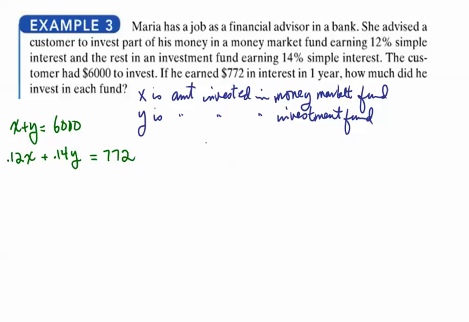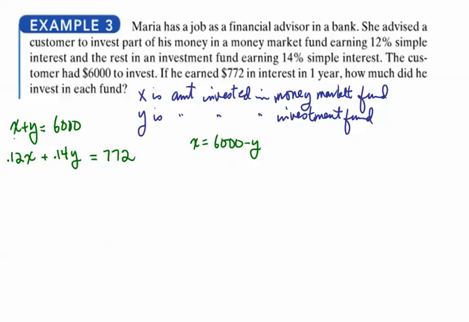If we were to solve that for x, we're going to subtract y from both sides: x is equal to 6,000 minus y. If she had 6,000 total to invest, whatever was left over after the money was put into the investment fund, well, that's how much she would have to put into the money market fund.